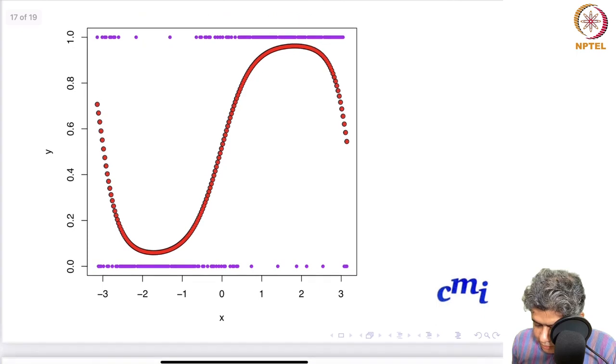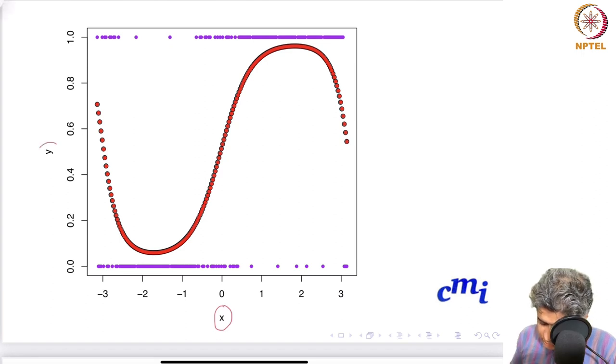When we fit that model, P is now nicely non-monotonic and capturing the sinusoidal behavior between X and Y.